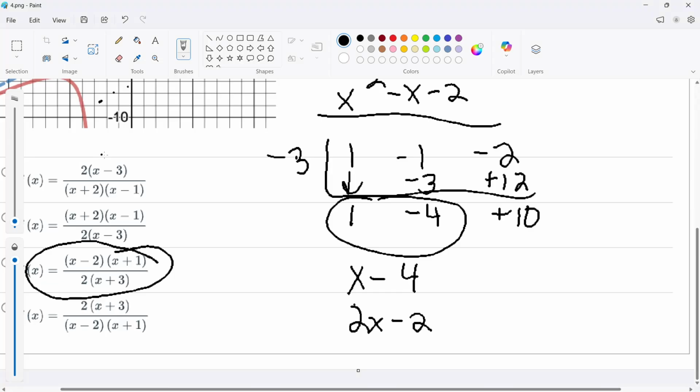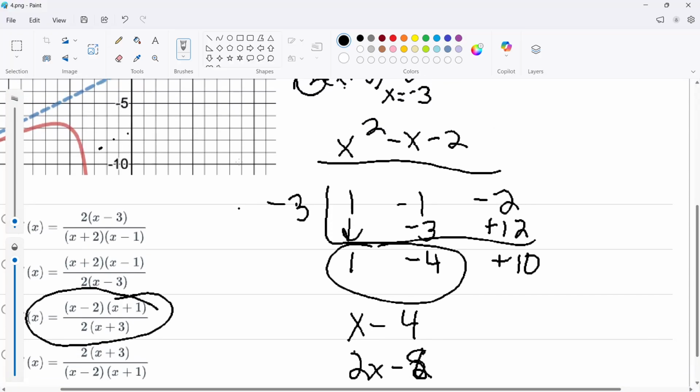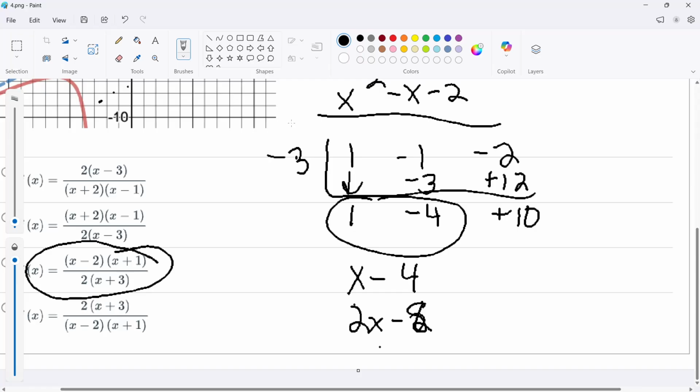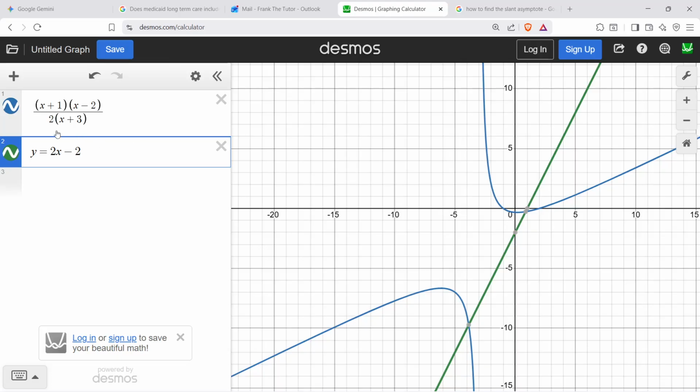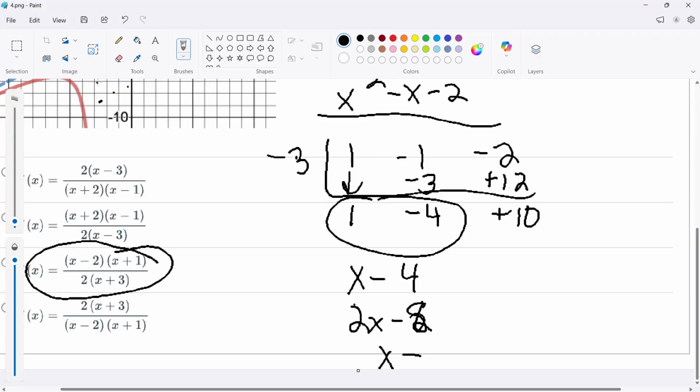No. Okay. It's x minus 4. Bear with me here. Oh, it's already divided by 2, so I have to multiply by 2. 2x minus 8. Multiply by 2, because it's divided by 2. 2x minus 8, and that's x minus 4 again. Well, let's try 2x minus 8. No, that's not it.